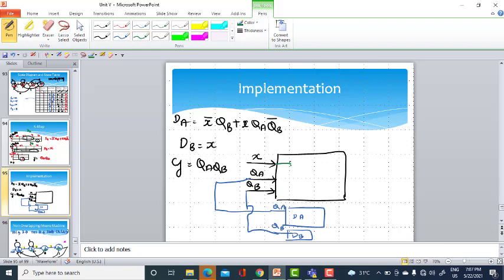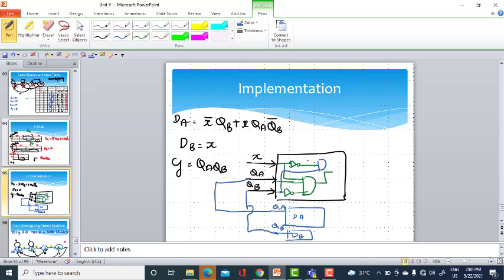So this is your X bar and QB, X into QA, QB bar, plus, so we need an XOR, plus QB into X bar.